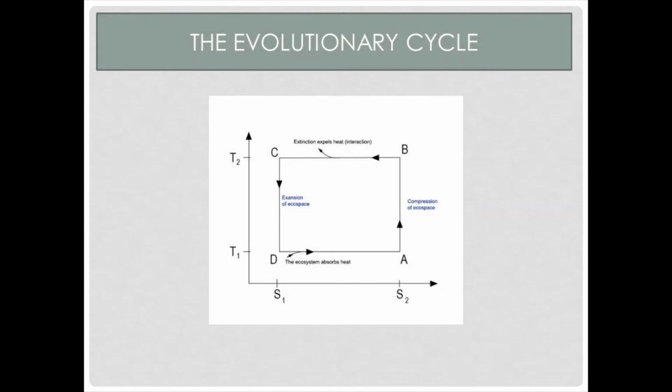And if we look at the cycle, the AB and the CD sides of this cycle are opposite of each other. The CD is low entropy, low population number, and plenty of nutrients.